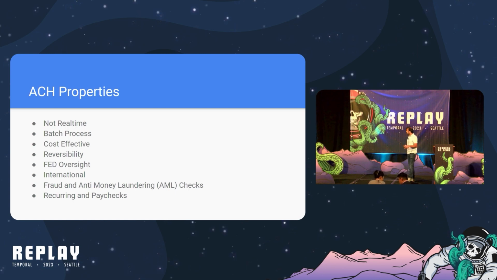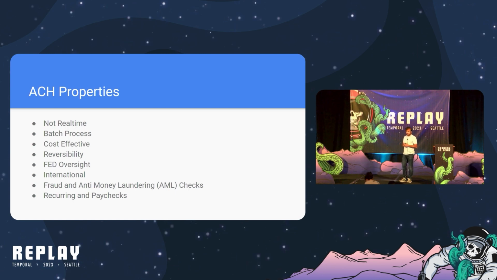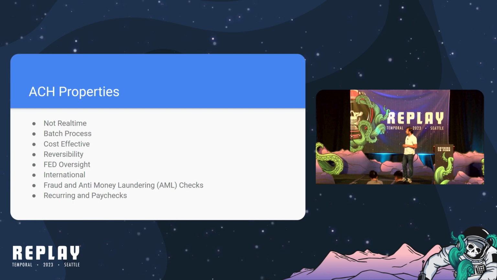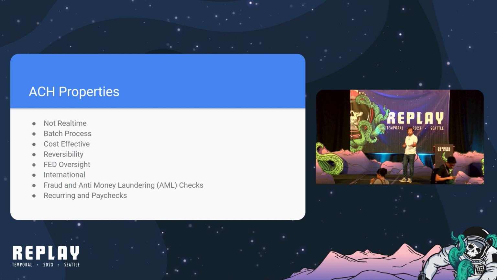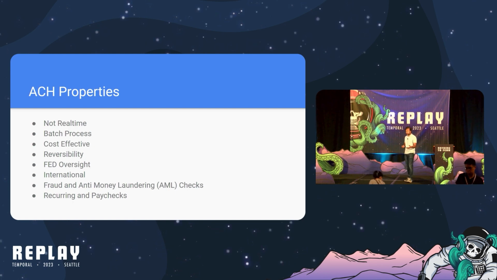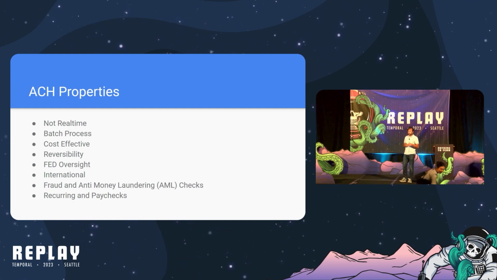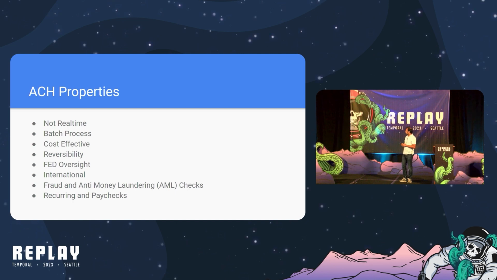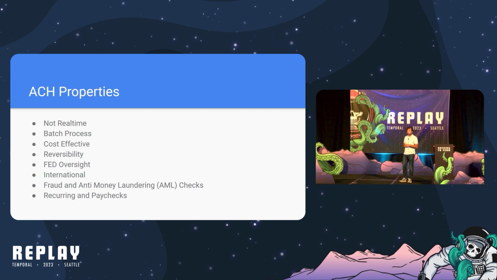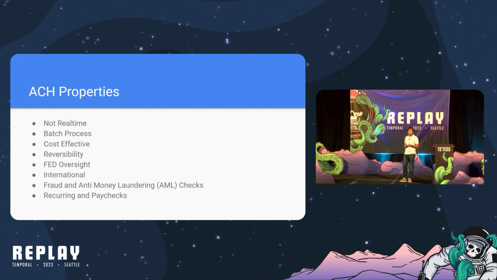And obviously since it's not instant, it's cost effective, it's cheaper. And there is an option for reversibility. For example, if there is an unauthorized transaction, you can go to your bank and say this is an unauthorized transaction, and they will get you a reversal for your money. And all these transactions in ACH have Fed oversight. That means customers have rights, banks have rights.